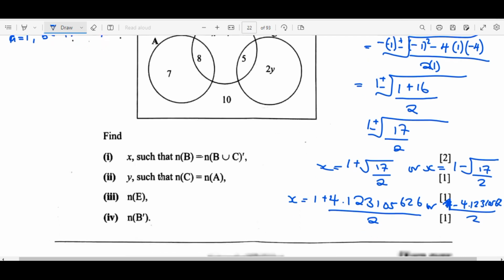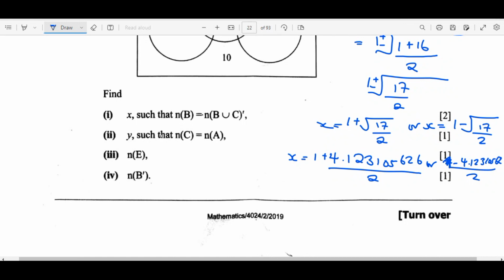So if we work out the answers, here we're going to have a positive. We divide by 2, and when you add everything, we're going to have 2.56.